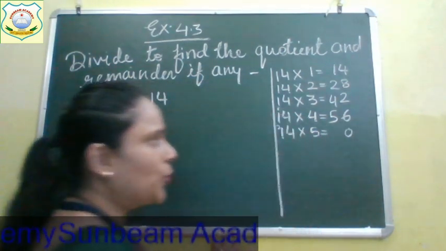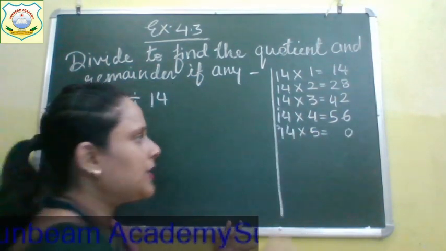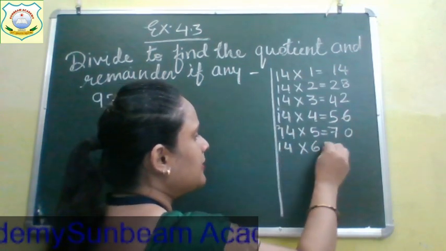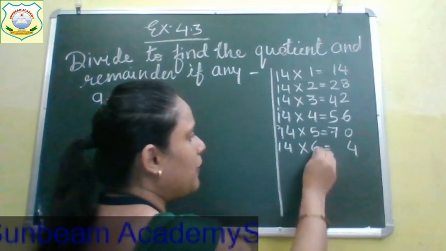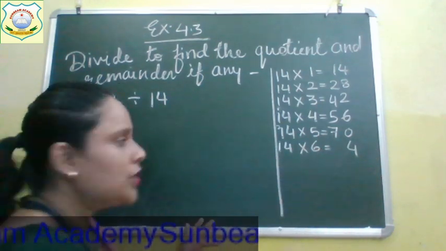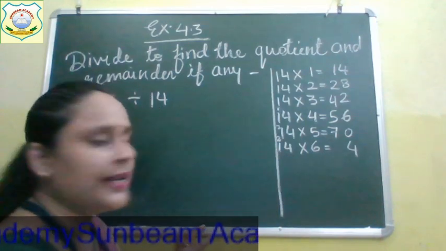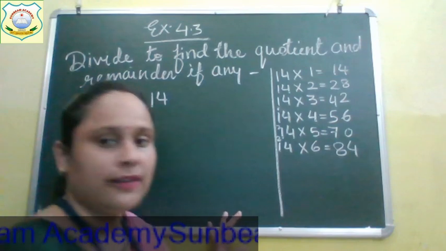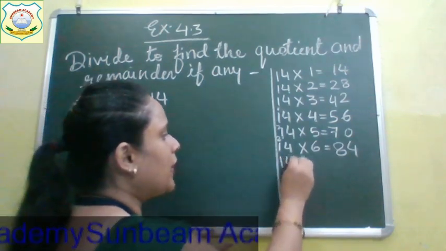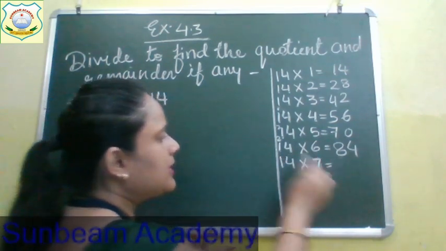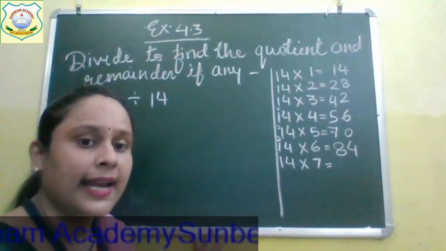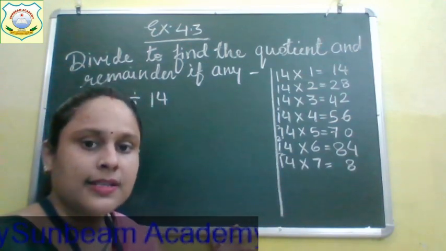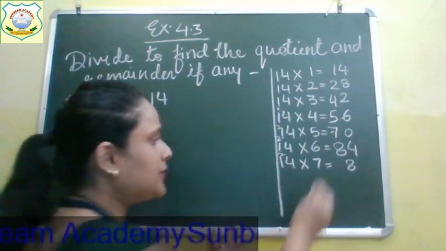Take carry 2. 5 ones are 5 plus 2, 7. 14 sixes, 6 multiplied by 4, you will get 24. So write 4 and take 2 carry. 6 ones are 6 plus 2, 8. Then 14 sevens, 14 into 7. 7 fours are 28. So you will write 8 and take 2 as a carry. 7 ones are 7 plus 2, 9.